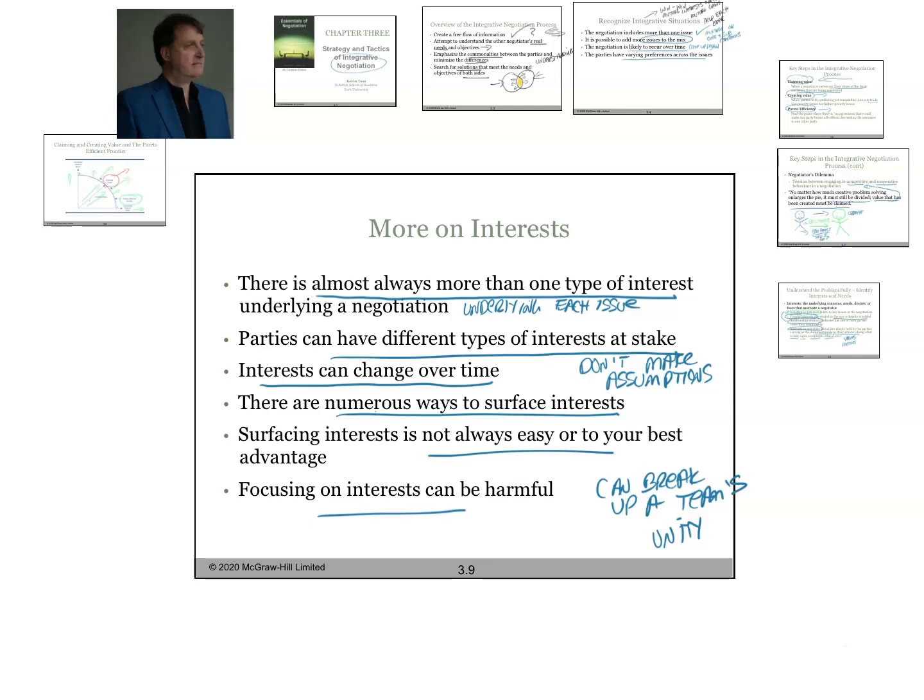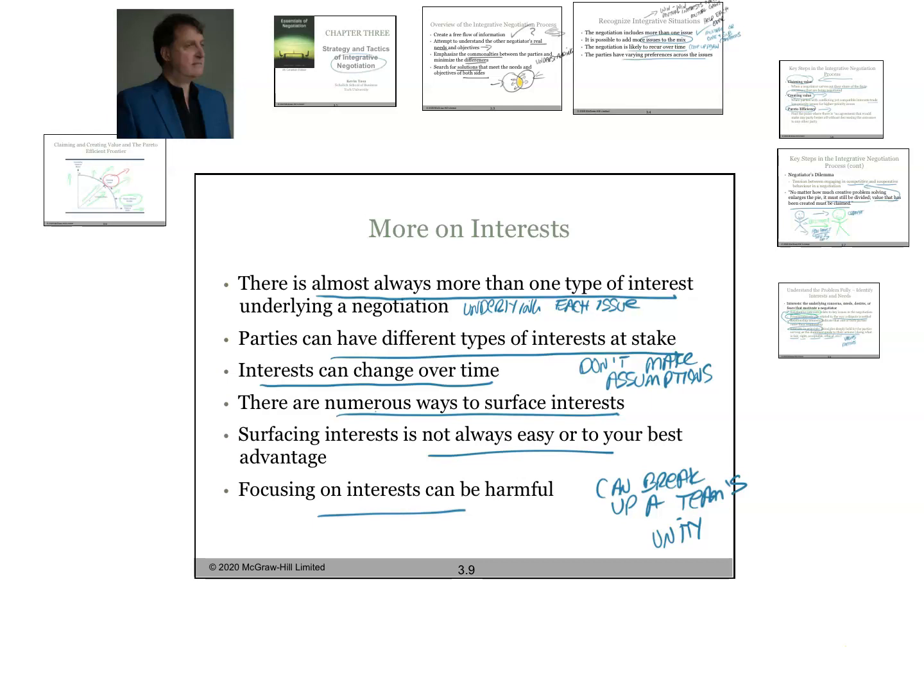In other words, if you pay attention to an interest that they share with you, they may not have ever thought of turning that into an issue or something that they want to get out of the negotiation, but now you're showing concern or you're paying attention to that interest. That might actually complicate the negotiation beyond what it needs to be.